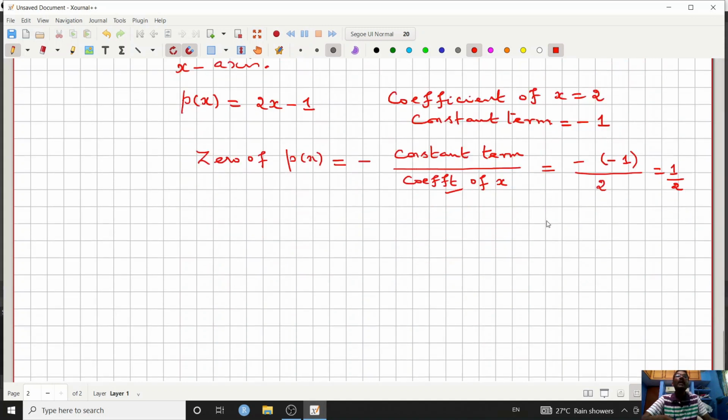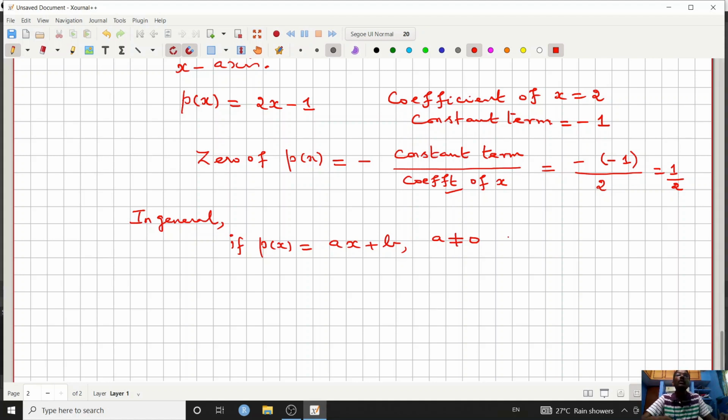So let us generalize this. In general, if p of x is equal to ax plus b with a not equal to 0, because if a is equal to 0, then that becomes a constant polynomial.